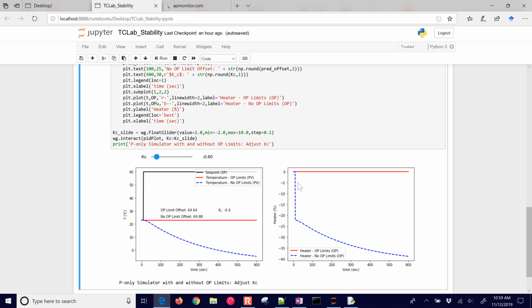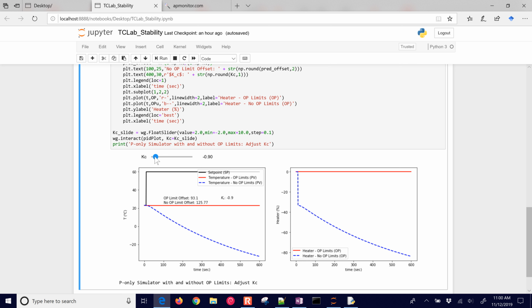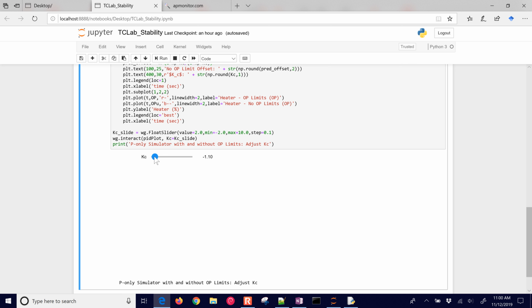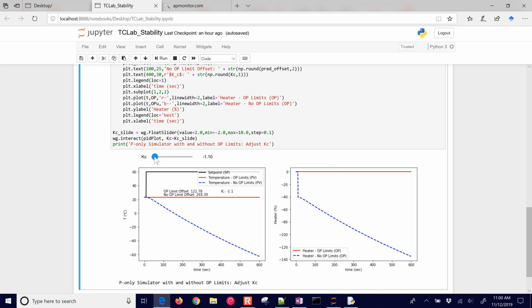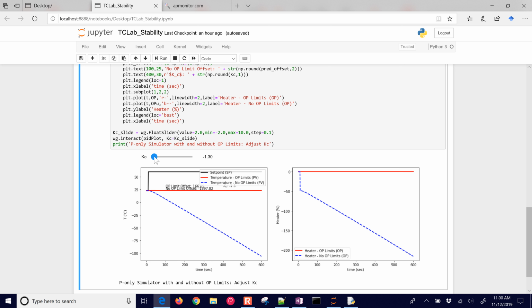Now you can see here that with the constraints, you can't go unstable because you can't cool the TCLab. But if you had something that could cool it, and the output could go negative, then at 1.27, I think that's where our stability limit is.